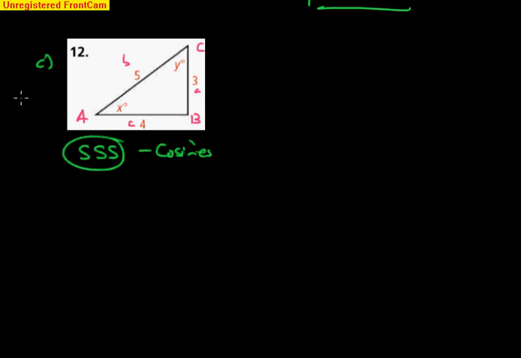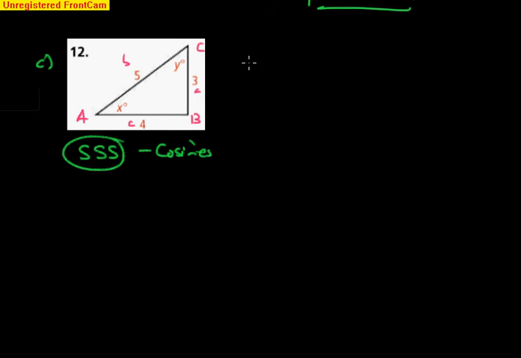Now, in law of cosines, you can find either angle first. I always like to pick the biggest or the smallest. So if I look at x and y, x is opposite of 3, y is opposite of 4. So x is actually going to be smaller than y. It's those inequalities from the triangle. So I'm actually going to find x, angle x.